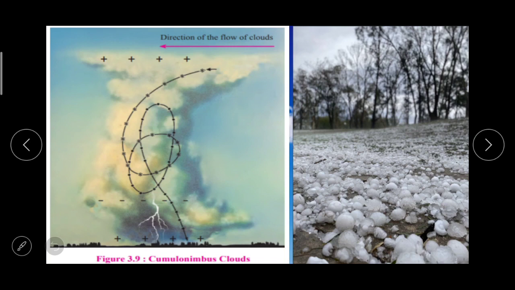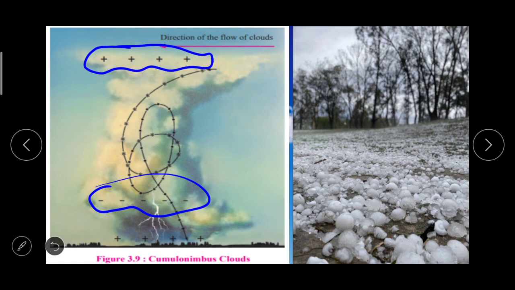Here you can see the figure 3.9, cumulonimbus clouds. The largest of these clouds bring rainfall accompanied with lightning. The top portion of these clouds has an anvil-like shape. The clouds have a positive charge at the upper end. Here you can see positive charge at the upper end and negative charge at the lower end.